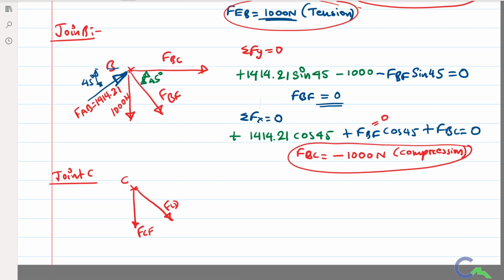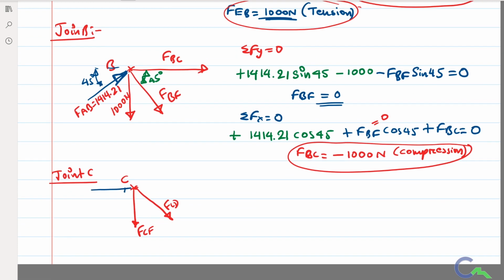Compression means that force is moving towards the joint. So I change the direction; in the previous case I had taken it as tension, now I make this as compression. Therefore I am not going to take the negative answer, because I changed the direction, I will take this as positive only. With respect to horizontal, FCD makes an angle of 45 degree.